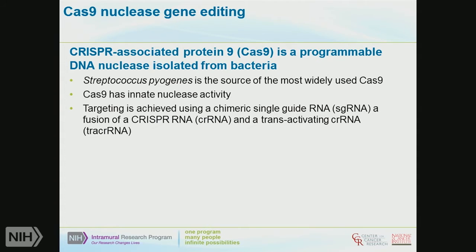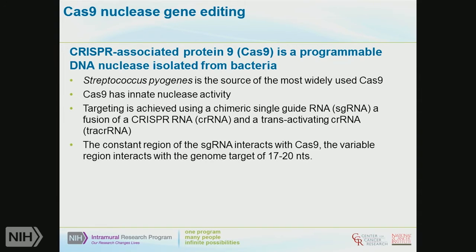Now the targeting that uses this enzyme is achieved using a chimeric single guide RNA, known as an sgRNA, and this is usually thought of as a fusion of 2 parts: the CRISPR RNA and the transactivating RNA.